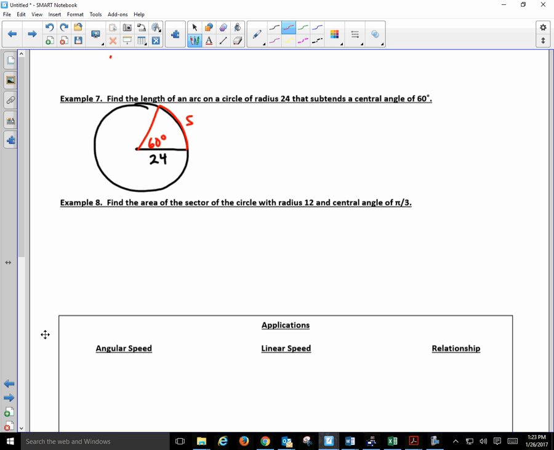What is my new formula for arc length? S equals R times theta. So S is, what is R? What is theta? No. Pi over 3.